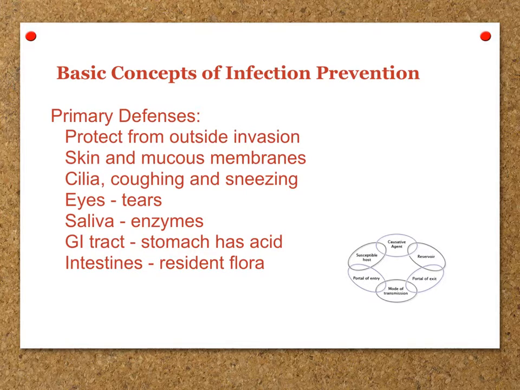And then your genitourinary tract, your vagina, a woman's vagina has a lot of acid, again, which will kill most bacteria. And there's a lot of normal flora in the vagina that crowd out yeast, crowd out other more harmful types of bacteria. The bladder is normally sterile.